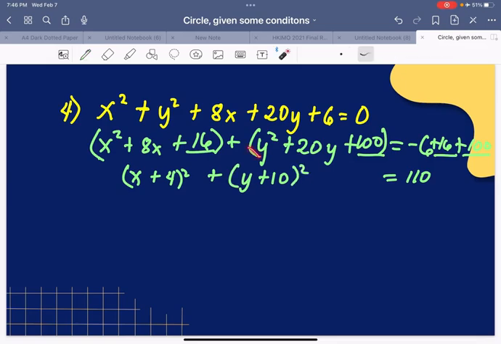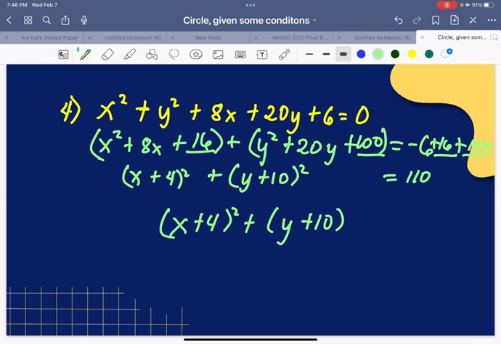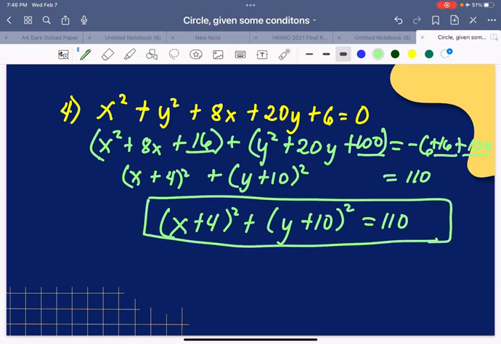So this is square root of y squared is y. Square root of 100 is 10. So this is plus. Okay. So this is now the equation of the circle. X plus 4 quantity squared plus y plus 10 quantity squared is equal to 110. So this is the standard form of the given equation.